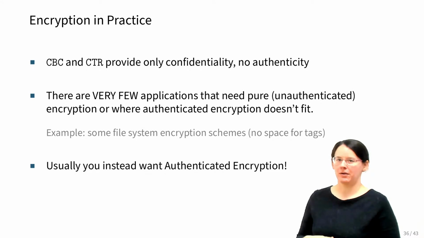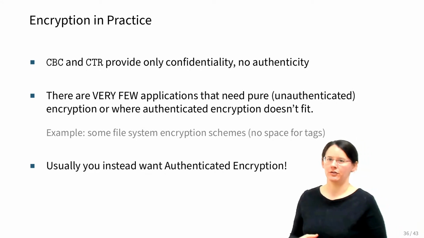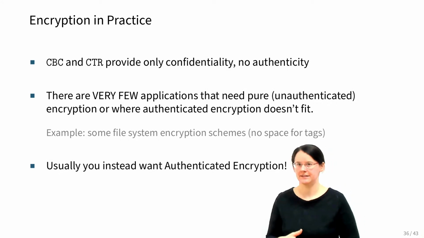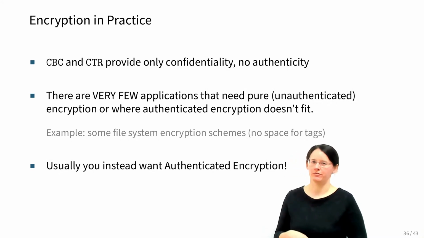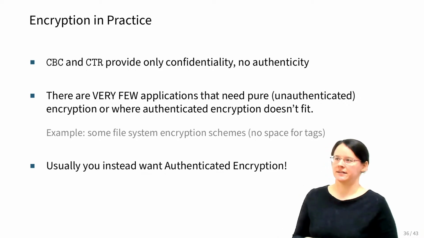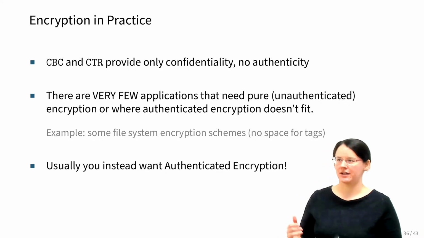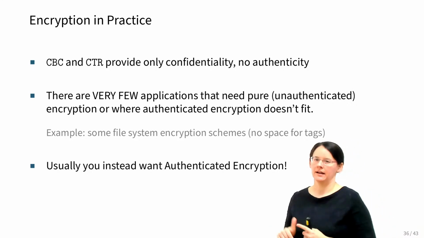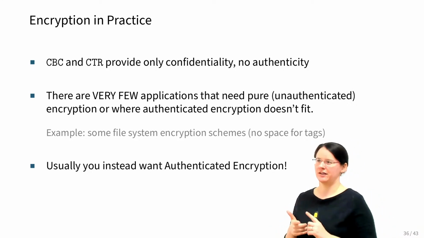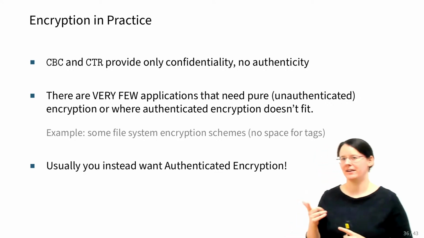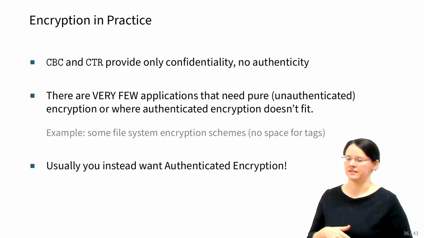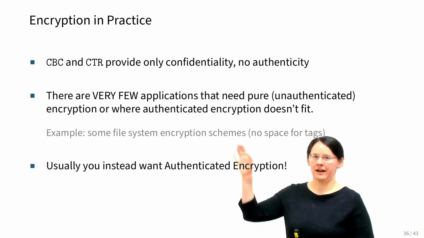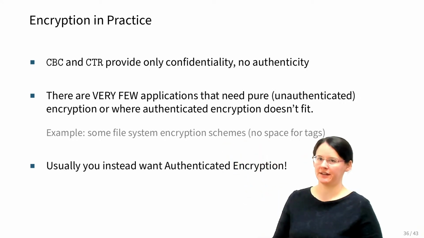One of the few examples where we do sometimes use encryption without authenticity is when we encrypt our file systems. And one of the reasons is that it's usually hard for an attacker to manipulate the file system. And the second is that it's actually a bit hard to fit the extra values like the tag on the hard disk. It's possible, but it's inconvenient. So for this reason, in file encryption, we often use pure encryption.